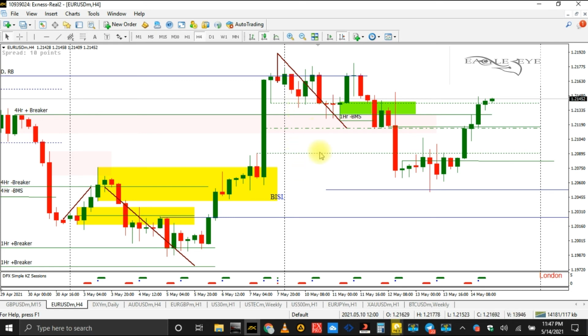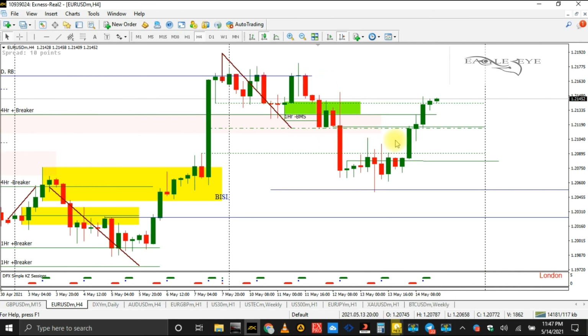Their midpoints were where I was targeting, from this side to that side. That was all I was expecting price to do for me this week.